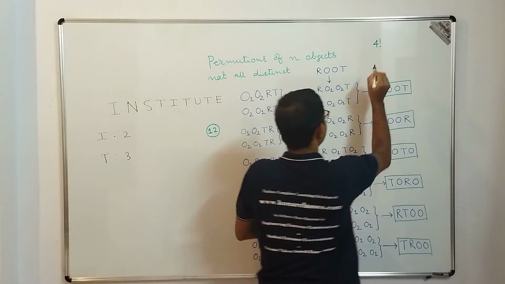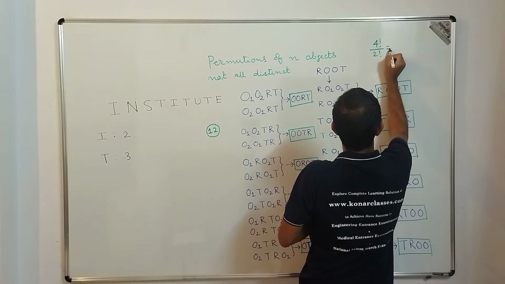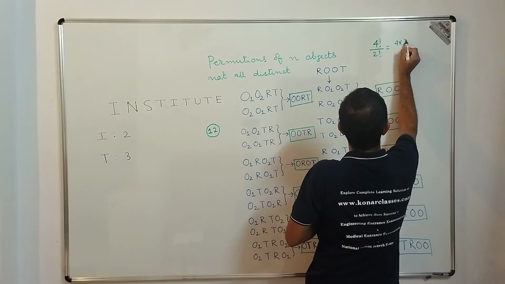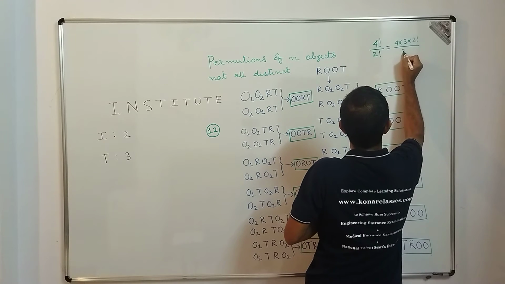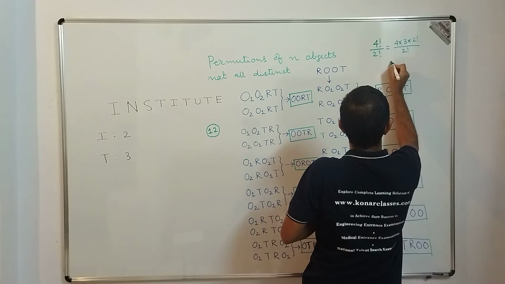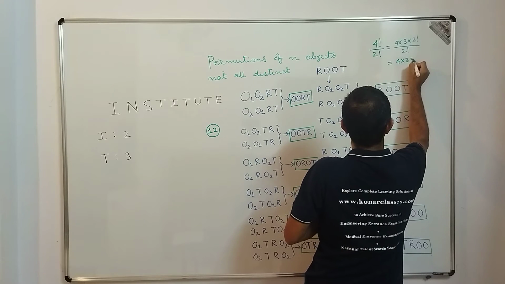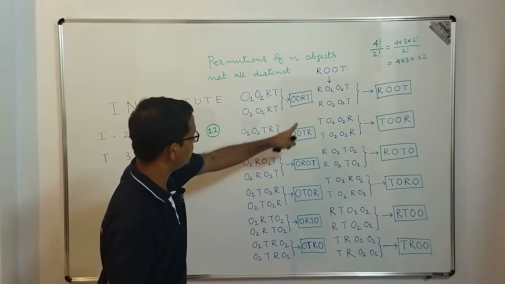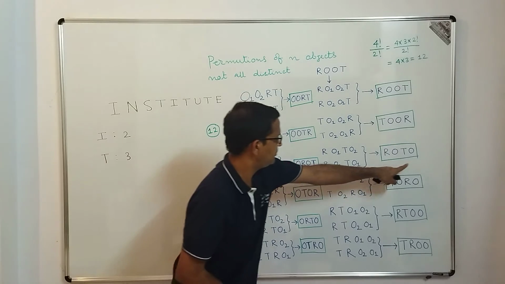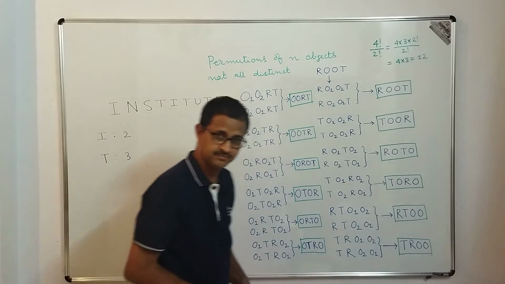So we divide factorial 4 by factorial 2, and what do we get? 4 into 3 into 2 factorial divided by 2 factorial. The 2 factorial cancels in numerator and denominator, we get 4 into 3, which is 12, which we actually got by computing all these arrangements kept under the green rectangle.